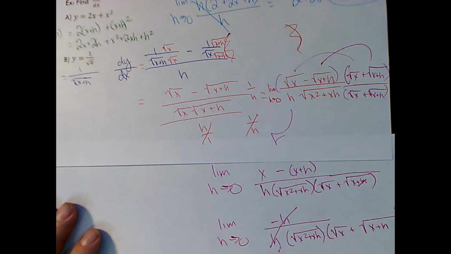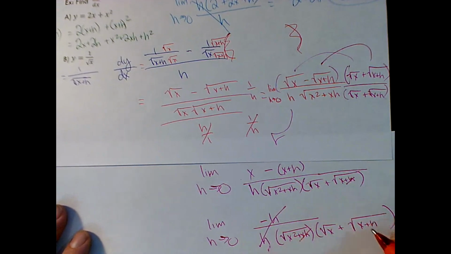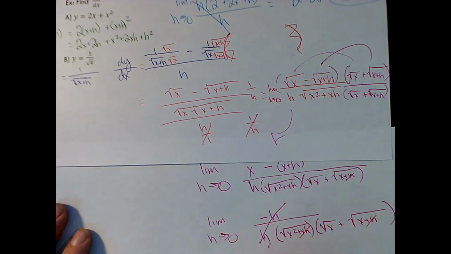Now I can plug in my 0. So now I can cross the h out and cross the h out. And so I am left with a negative 1 on top, and a regular x squared on the bottom, times x plus x in roots.